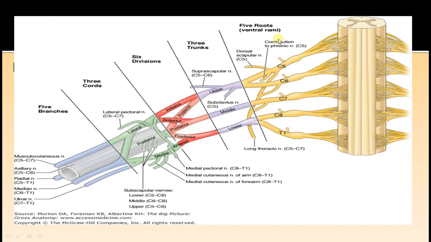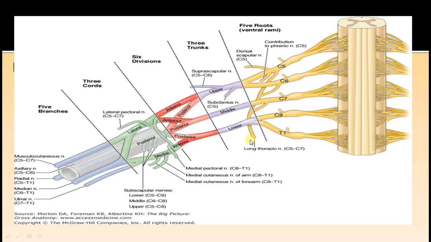The root value of the phrenic nerve is C3, C4 and C5, of which C5 alone is contributed from the root stage of the brachial plexus. Then the roots of C5, C6 and C7 contribute to the formation of the nerve called the long thoracic nerve of Bell, or the nerve to serratus anterior.